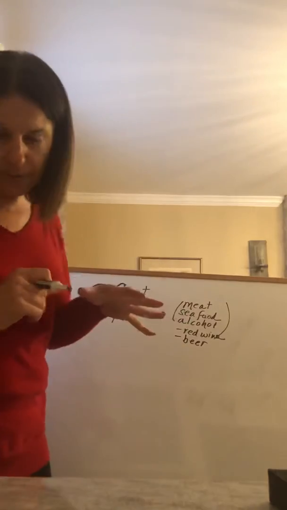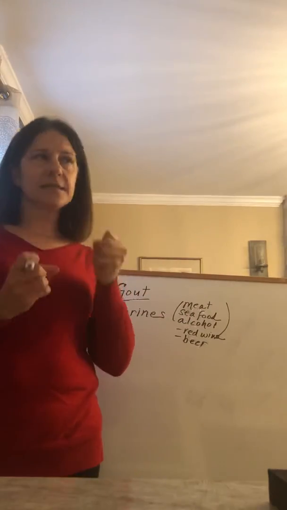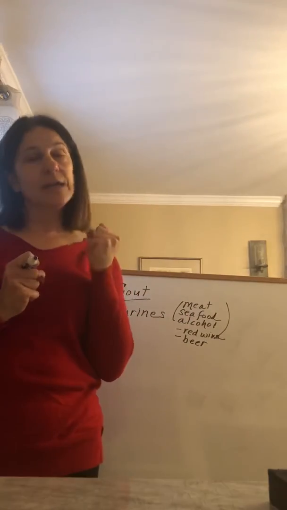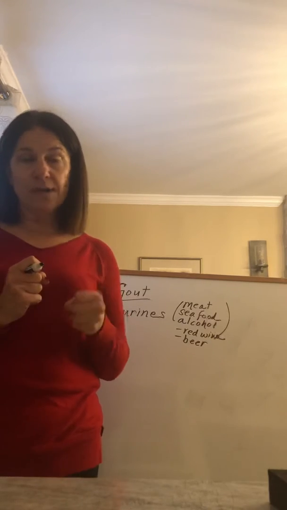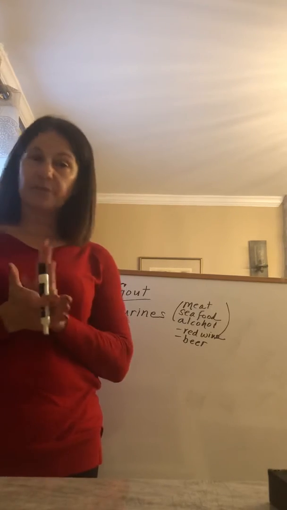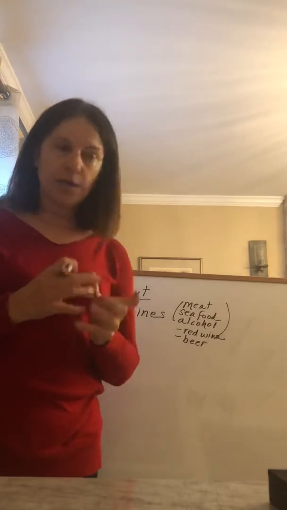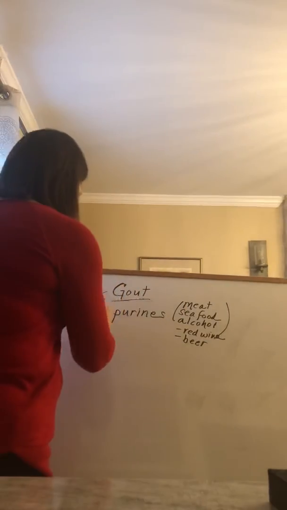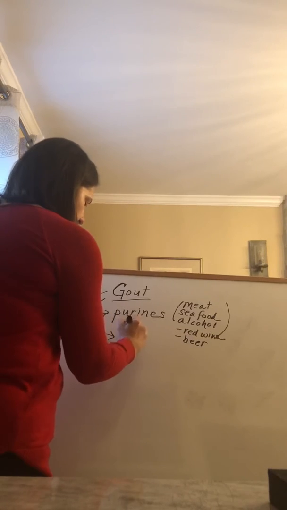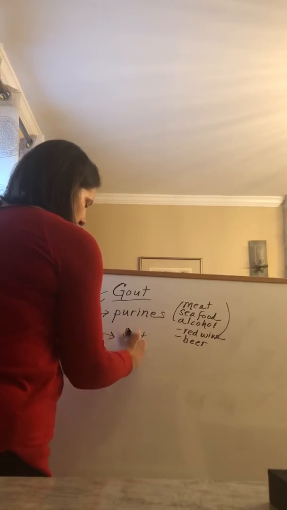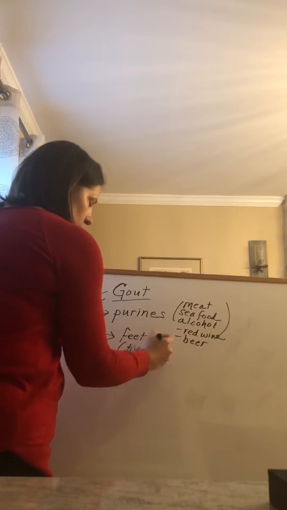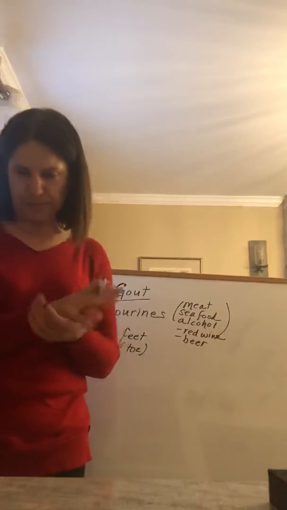When someone has gout, uric acid crystals tend to precipitate out into the joints. And what it can cause is very painful and profound inflammation of the particular joint where the uric acid crystals are present. So more often than not, gout occurs in the feet. So in places like the toe, for example, or just the top of the foot or the ankle.